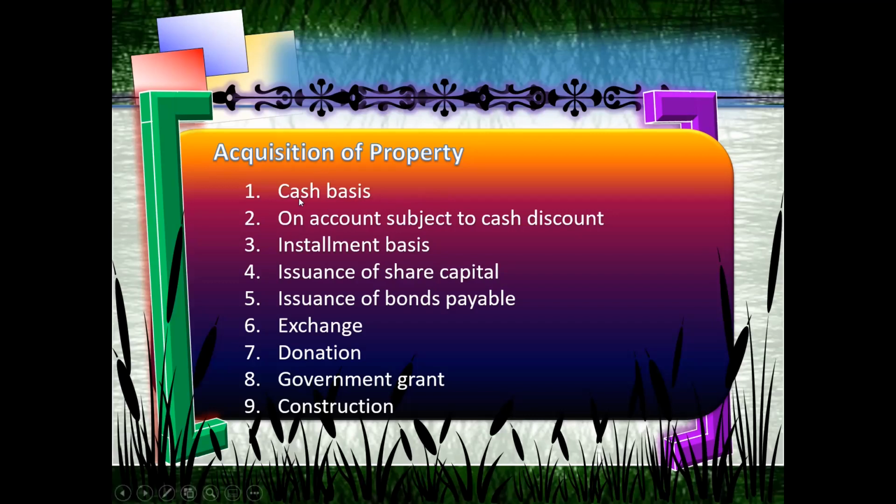The basis of cost differs depending on the way of acquiring the property. That is what we will study in this topic. What do we consider the cost for cash basis? What do we consider the cost for on account? Or for installment basis? That will be the core of our discussion.